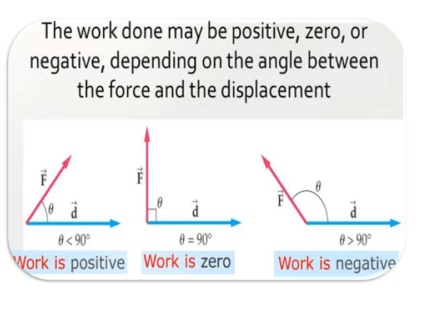So, work done may be positive, negative or 0. When the angles are acute, work done is positive. When the angles are obtuse, the work done is negative, and when the angle is a right angle, then the work done is 0.